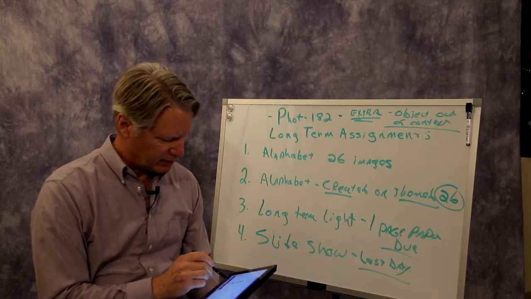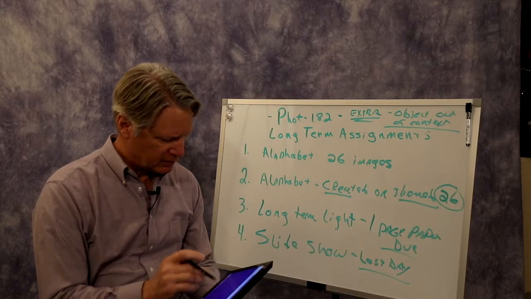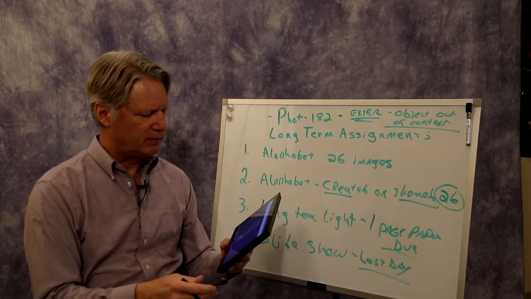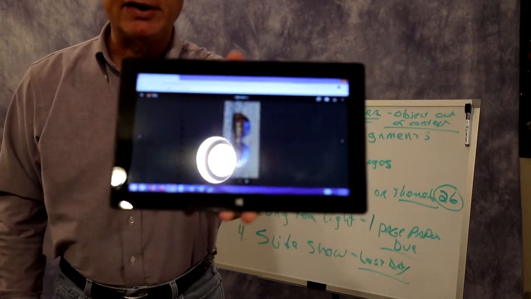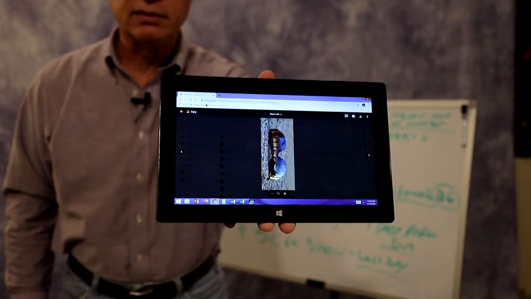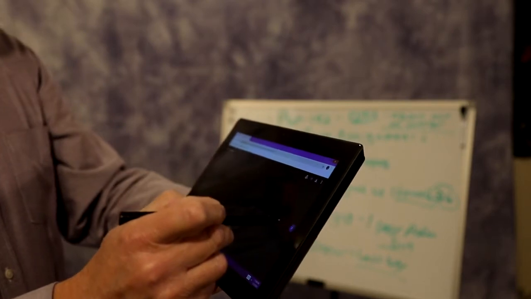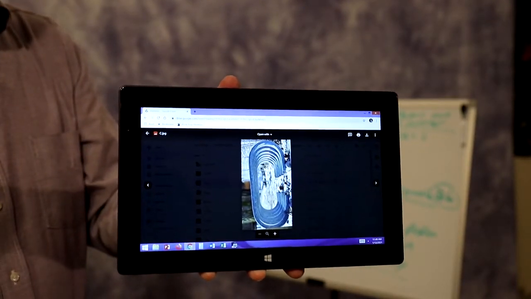So let's find one here. So here's some sunglasses that were turned on their side to be the letter B. Let me get it out of the glare. Okay. So here, I think that's like a bike rack.